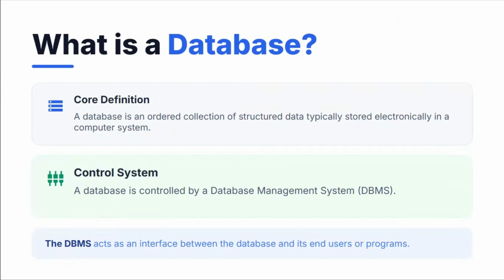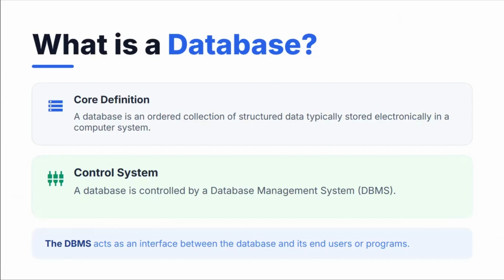Coming to what is database. A database is an ordered collection of structured data typically stored electronically in a computer system. We will come to what is structured data and all later. First, let us understand with an example. Before the advent of databases, we used to store data in registers, files, yes or no?